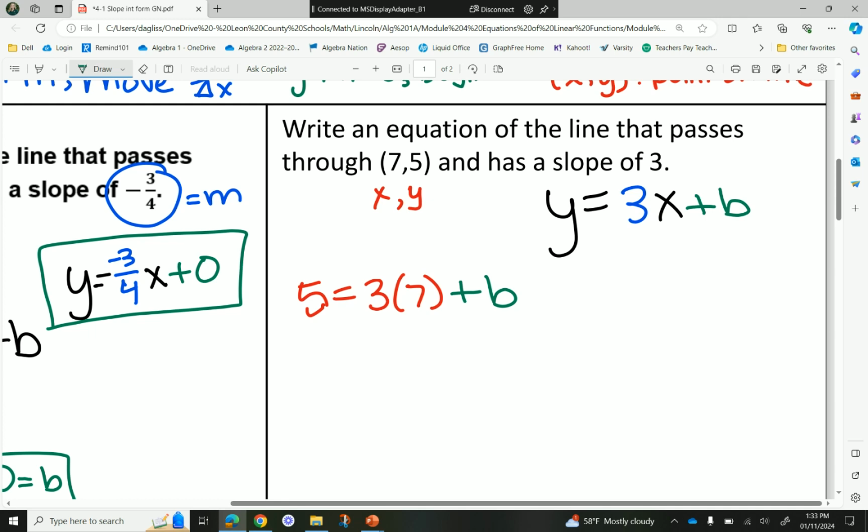They gave me the point (7, 5) and an m value of 3. 3 times 7 is 21. What's our last step to get the b by itself? Subtract. Yeah, we're going to subtract 21 from both sides.